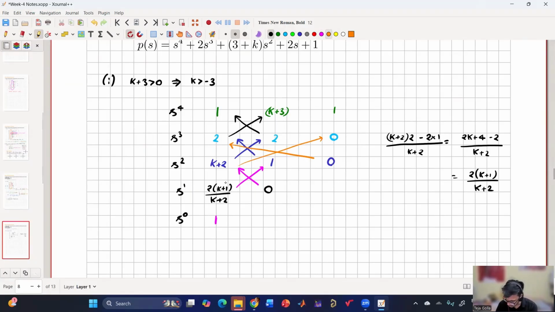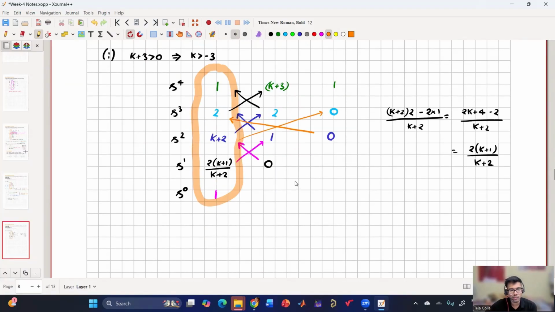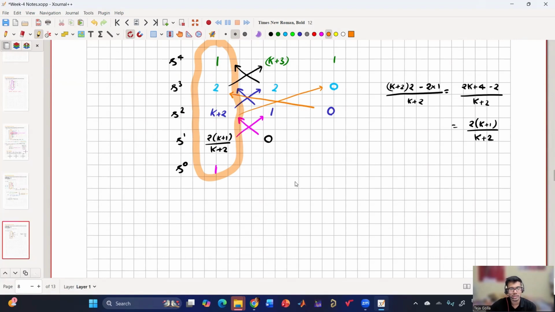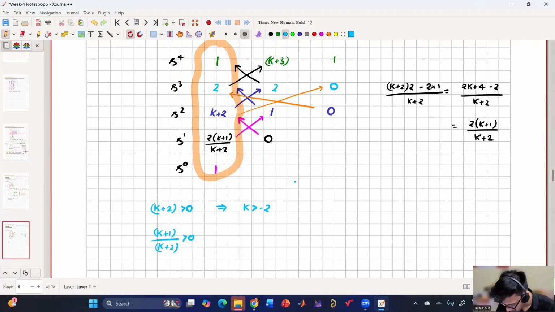Now my stability will depend on this first column. What will be the condition for stability? K plus 2 positive and 2(K plus 1) by (K plus 2) positive. The first condition is K plus 2 greater than 0, which means K is greater than minus 2. For the second condition, I can remove the 2, so (K plus 1) by (K plus 2) is greater than 0.